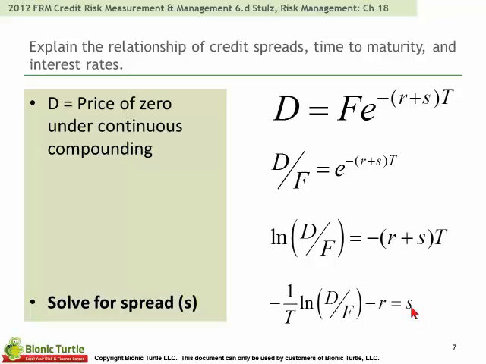And we see here the spread as a function of the time to maturity or maturity of the zero coupon bond and the natural log of the ratio between the price of the debt and the face value of the debt. So the idea here is if we observe the price of a bond, it's going to be less than the face value, and we know that's maturity and we have a risk-free rate, we can impute what that price says must be the spread.